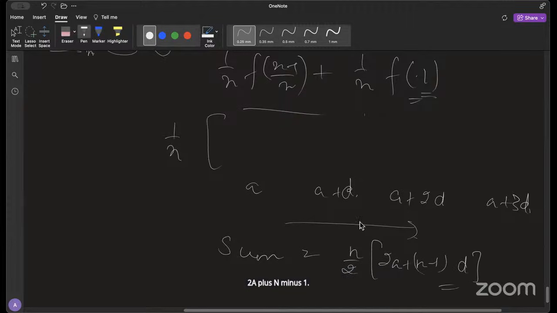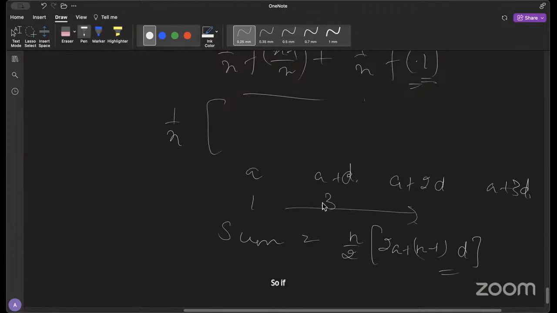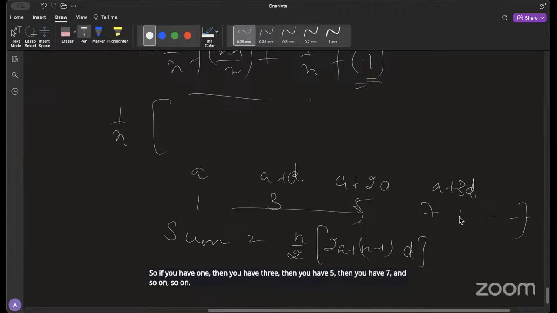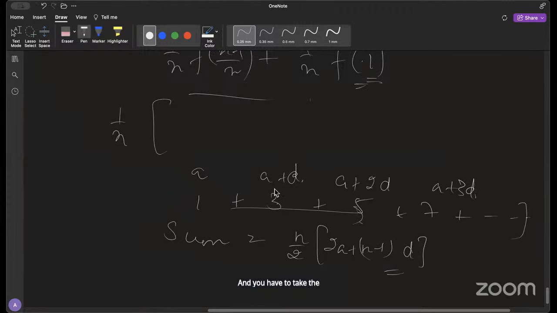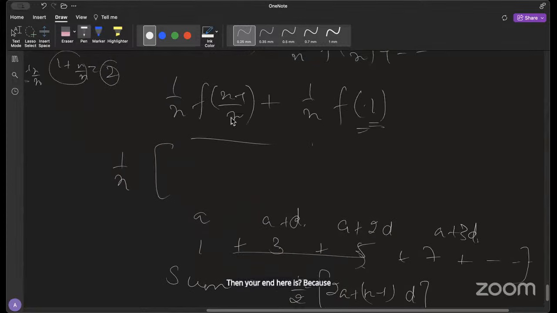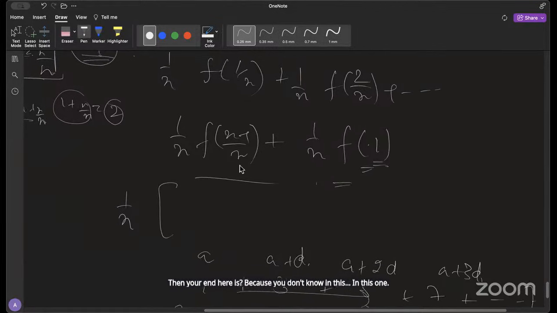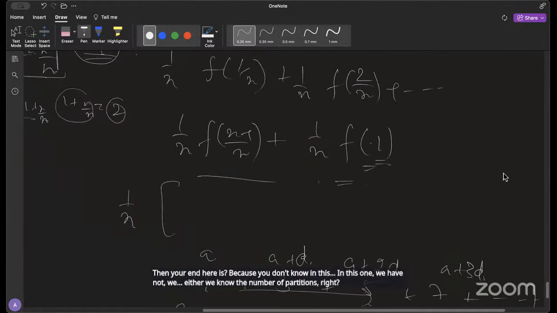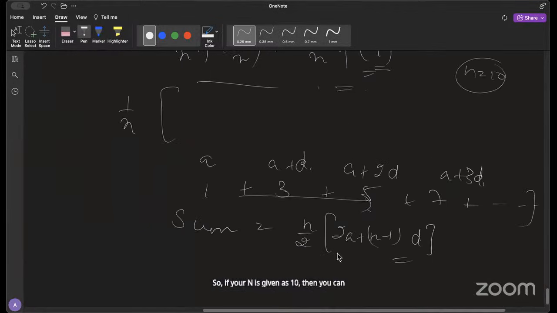This is the formula. So if you have 1, then 3, then 5, then 7, and so on, and you have to take the sum of these things, then your n here is the number of partitions. So if your n is given as 10, then you can use that n here.